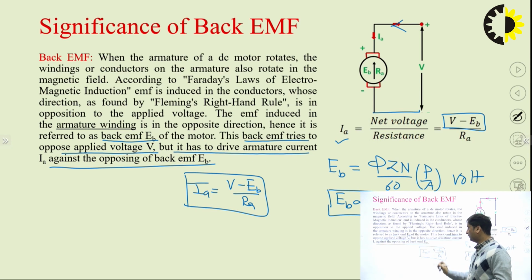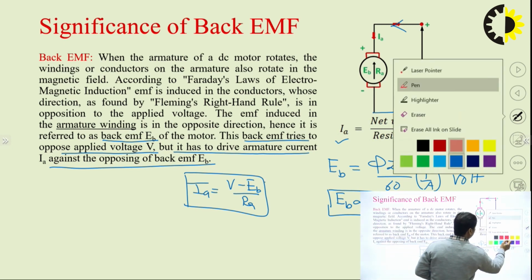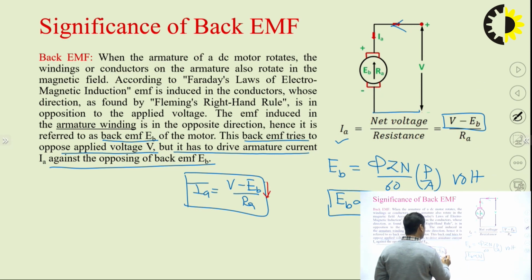The armature current will be decided by the back EMF, because whenever the back EMF is low, the current will be high, and when the back EMF increases, the current decreases accordingly. Back EMF increases means speed increases. So that is the significance of back EMF, which is our topic here.